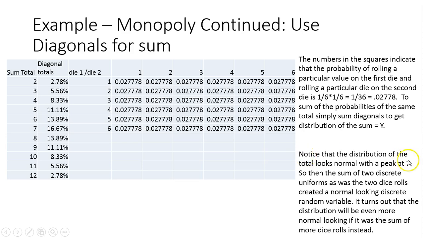Notice something. The distribution of the total, which is the one here, looks like a normal, with a peak at 7. The 2 die rolls are discrete uniform random variables, as we saw from the first part of the probability theory.